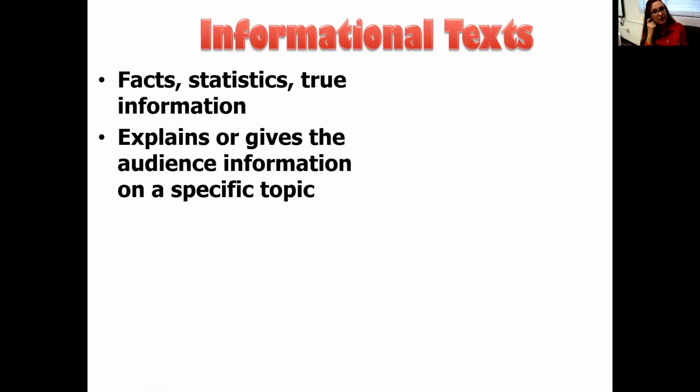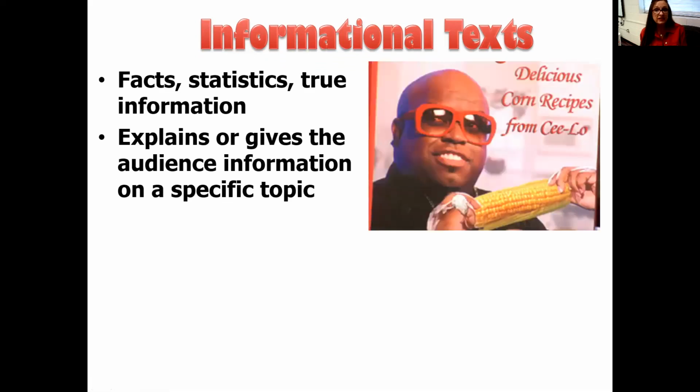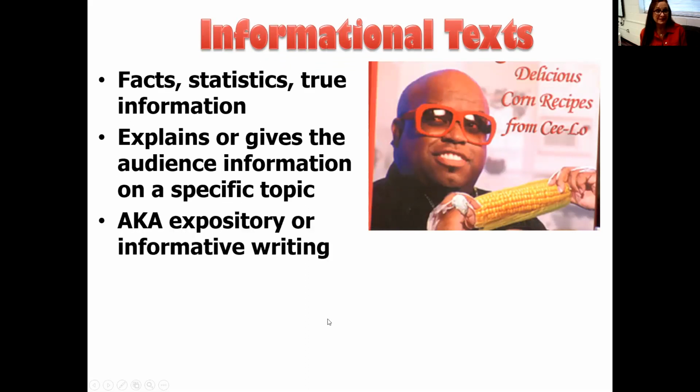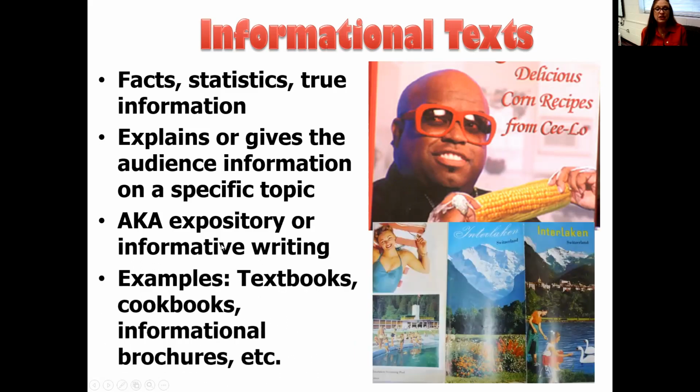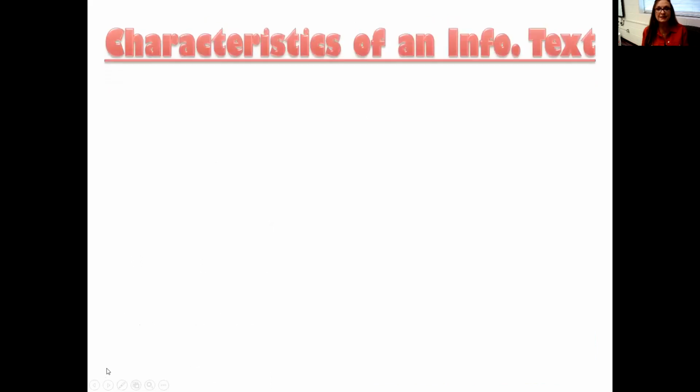They may explain or give the audience information about a specific topic, like here you have CeeLo, who's giving delicious corn recipes. It also may be expository or informative writing, as the word says, informational text, like textbooks, cookbooks, informational brochures, and things like that.